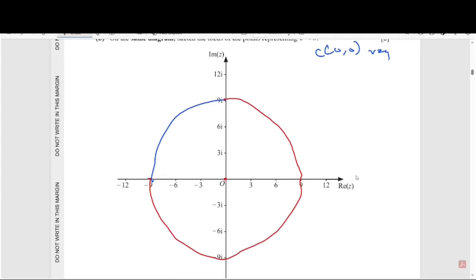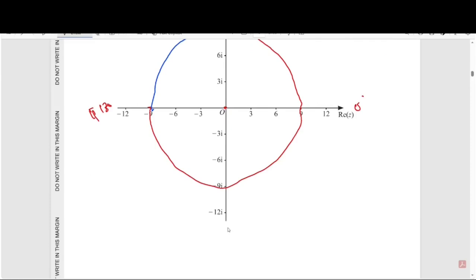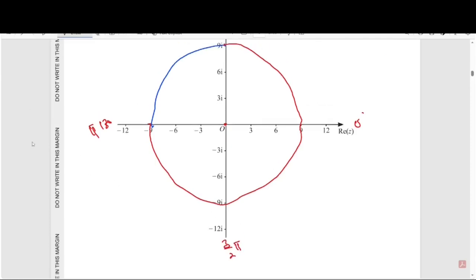From the real axis, since that's where we start measuring the angle, 0 over here, or 0 degrees, and this is half pi or 90 degrees. This is 180 degrees or pi, and then down here we have 3 over 2 pi or 270 degrees.